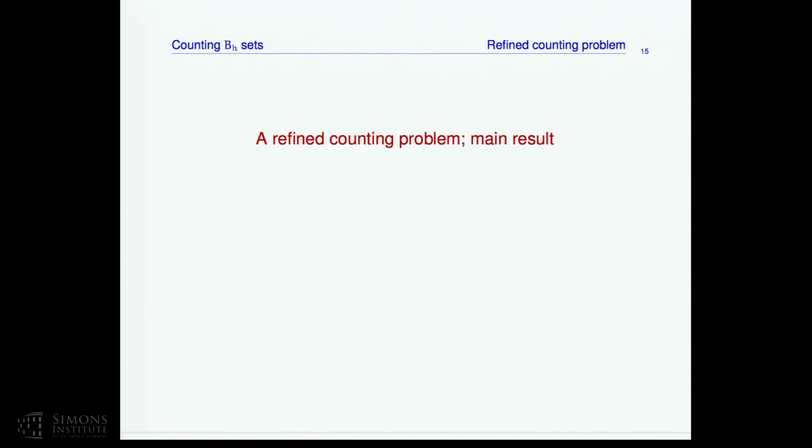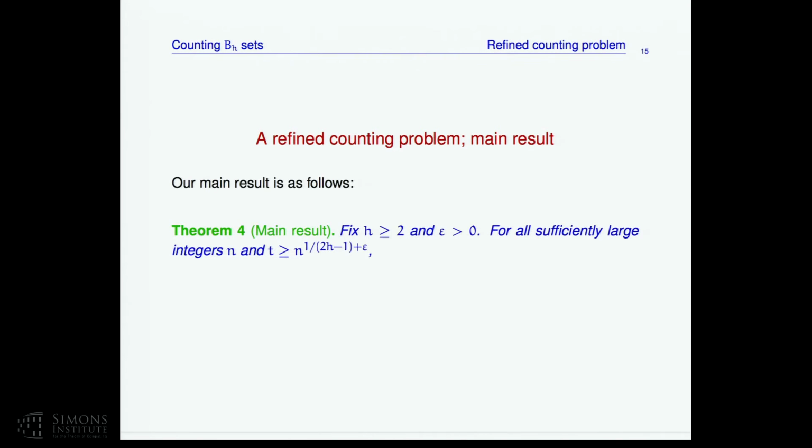So far, I only spoke about lower bounds, so you have some idea about what kind of numbers you get. And here's finally the theorem, what we can prove. So again, h is fixed, and we have some small epsilon fixed. Then if t is big, so far I only spoke about t's which were below or just a little bit above this critical power of n, above by some polylog factor.